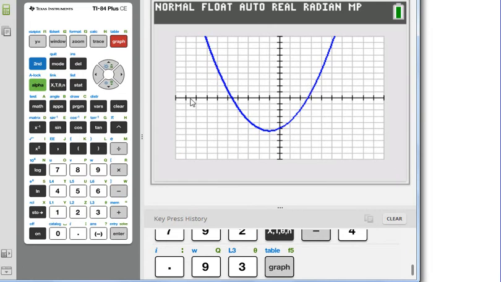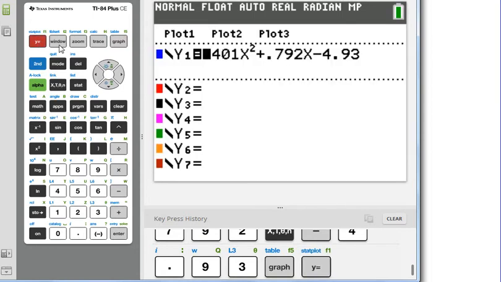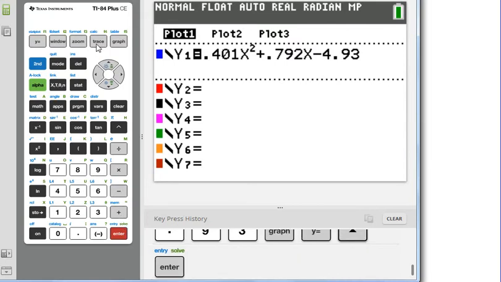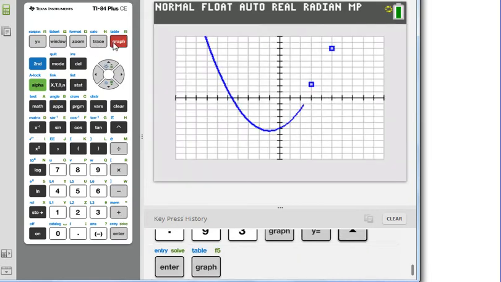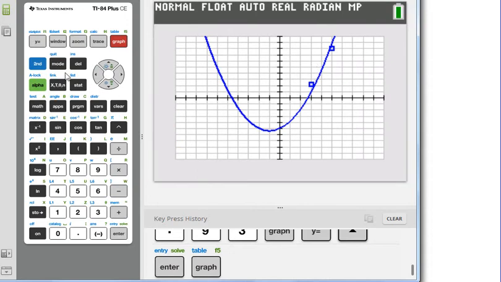Let's go ahead and put the data here so I can see it. We go to y equals, I'm going to go to plot 1 so we can actually see our points, how they trace. So we can see a few of those points, but not enough of them. So let's restrict the scope of this calculator, and to do that, let's get our window.